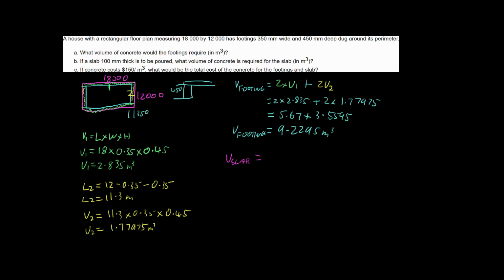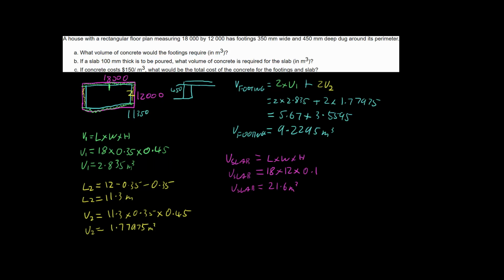So we're just going to have a length times width times height of 18 length, 12 width, and 100 millimeters is 0.1 meters. And this calculation will give us the volume of our slab. So the volume of our slab is 21.6 meters cubed.